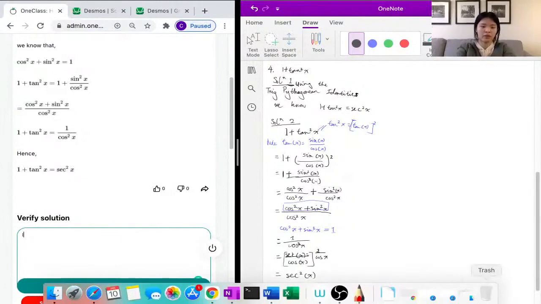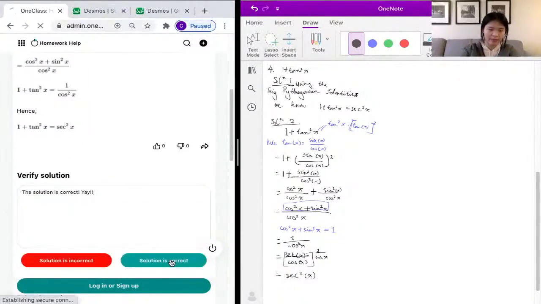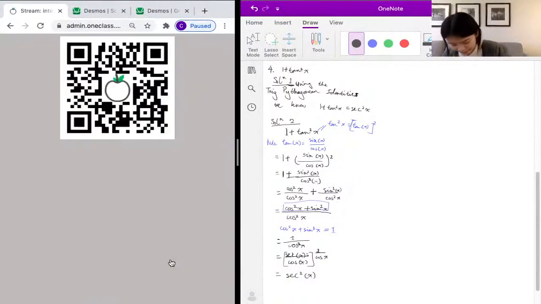It's a little disorganized, but the solution is indeed correct. So let's just say the solution is correct. Yay! Perfect. Now let's move on to our next problem.